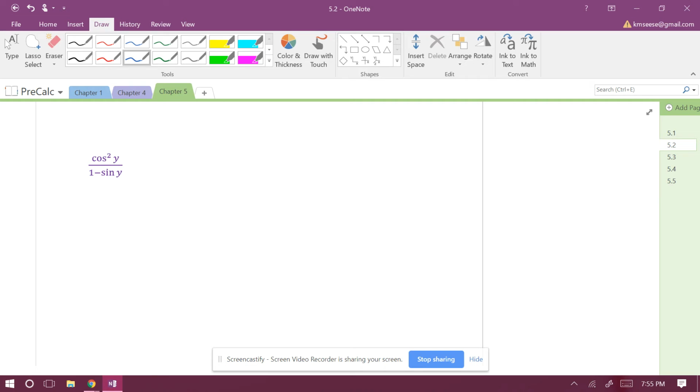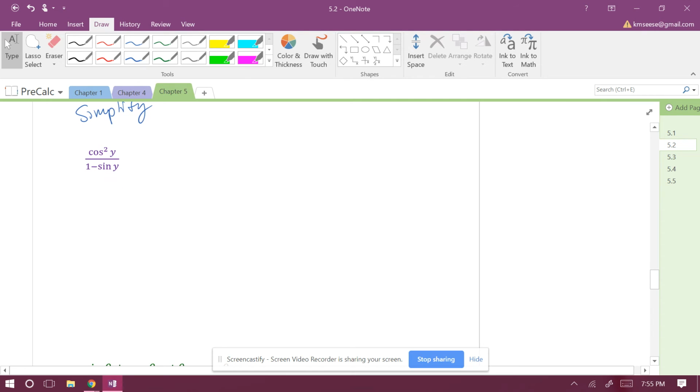Cosine squared of y over 1 minus sine of y. So you want to look, how can I simplify this? We're simplifying here. Well, cosine squared, I have a 1 minus. I need to do something with that cosine so I can get it in sine. That might be helpful. And that's just recognizing that cosine squared of y is 1 minus sine squared of y.